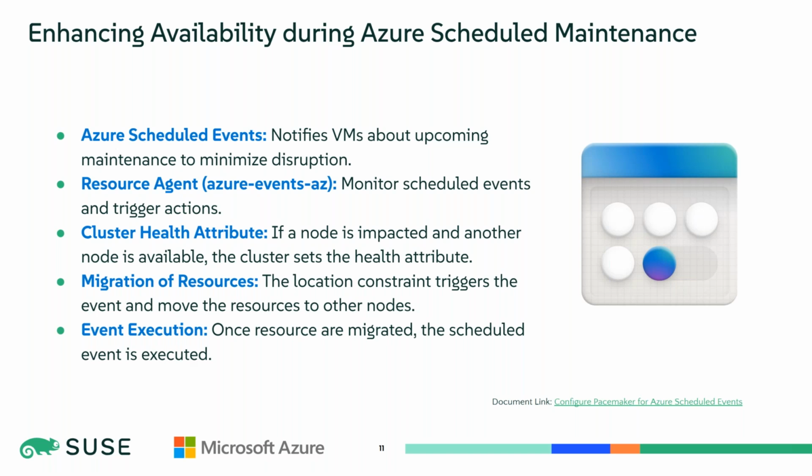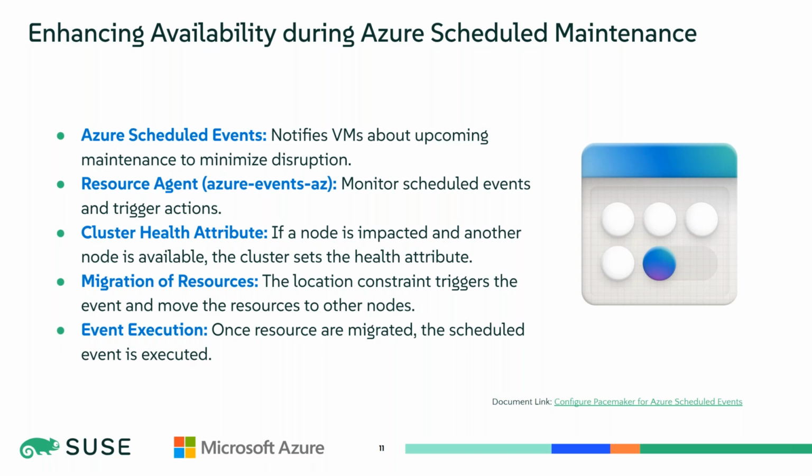So suppose my node 1 is impacted for some reason. This resource agent will identify the issue, mark that node as unhealthy, and try to move all the resources in a seamless manner to another node. Once all the resources are moved to another node, the VM could go down.